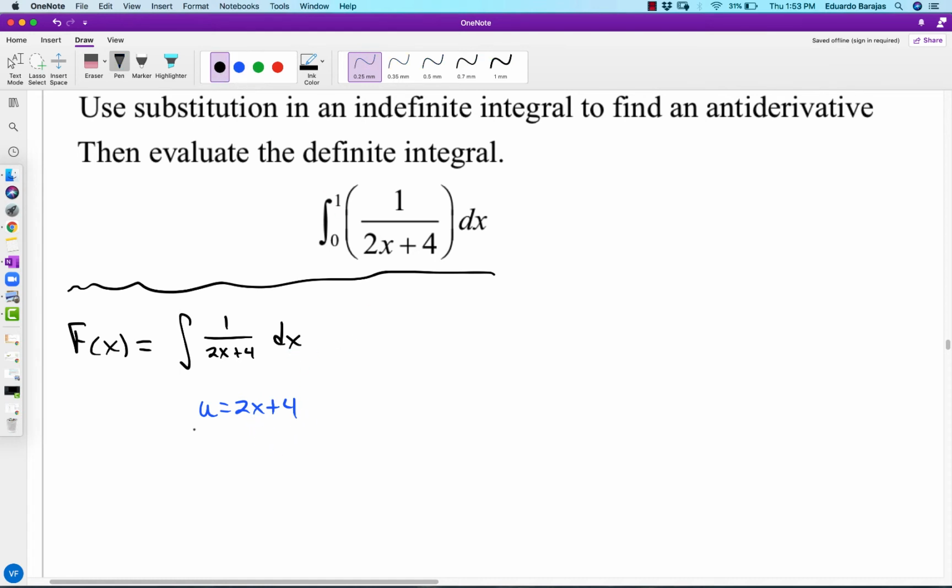So we're going to have to take the derivative with respect to x on both sides of this function. So d/dx of u equals d/dx of 2x plus 4. So that means that du/dx equals just the number 2. Okay, so then we multiply both sides of the equal sign by this dx, and so we get that du is going to be equal to 2 dx.